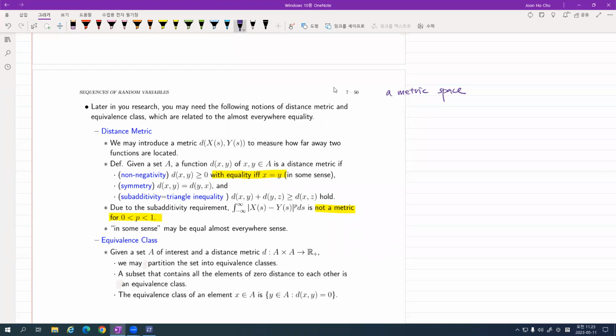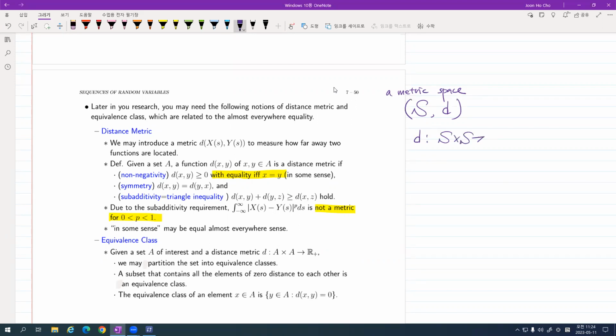So suppose you have a set S, and you want to say that this is a metric space. In order to talk about that, you need some distance metric. So whenever you talk about a metric space, you must talk about a duet, or a doublet, consisting of a set and a function. And here, D is what?